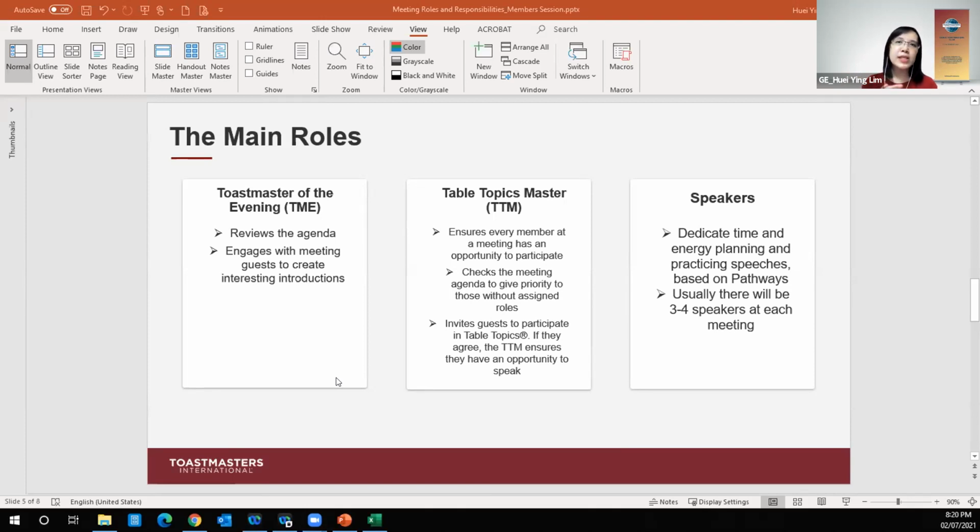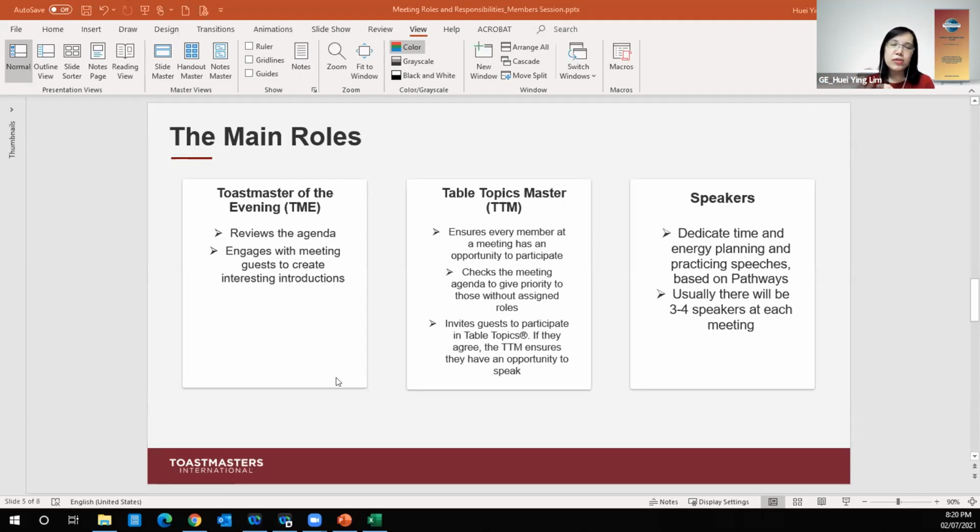The table topic master would normally come up with topics that are more or less aligned to the meeting theme. For example, if the meeting theme is about healthy food, or maybe healthy exercise at home, then to align with the theme, you can come up with topics relating to exercise.